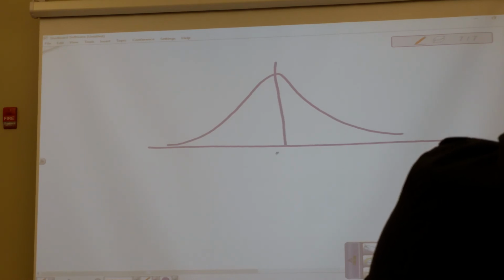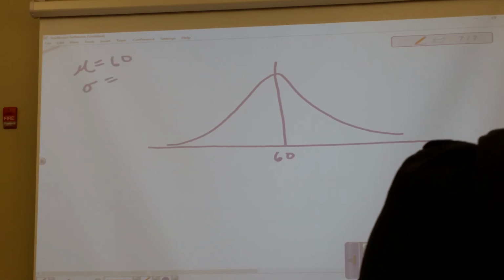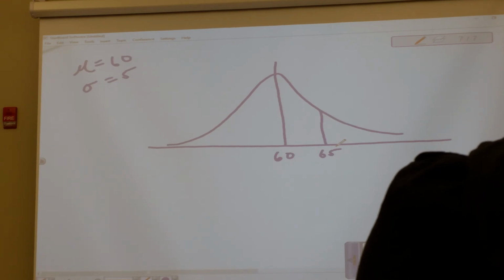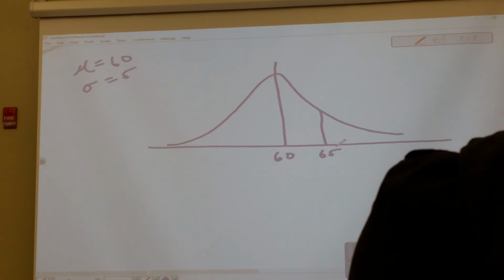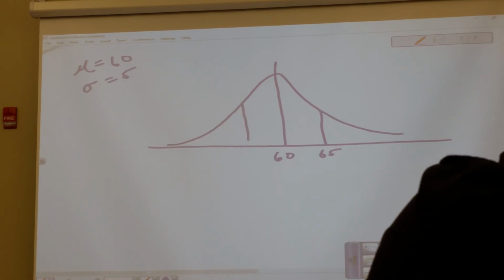Oh, so we said that the mean was 60 and the standard deviation was 5. And if we went out here to 65, we went up 1 standard deviation, right? Well, we talked about the standard curve, and you gotta go back and think a little bit about this.